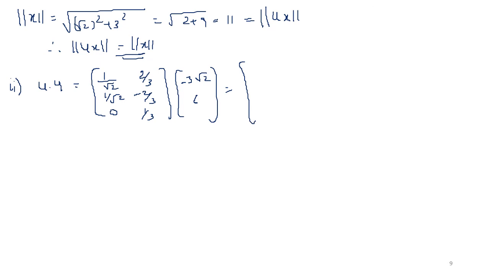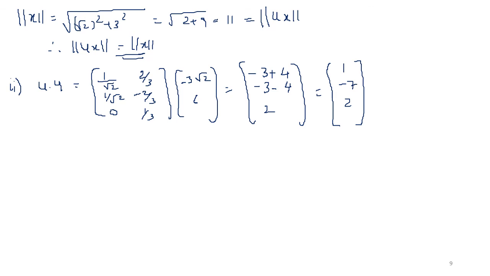So we'll multiply this. 1 by square root of 2 into minus 3 by 2, we are going to get minus 3. 2 by 3 into 6, we are going to get 4. 1 by 2 into minus 3 by root 2, we are going to get minus 3. Minus 2 by 3 into 6, we are going to get minus 4. 0 into this will be 0. 1 by 3 into 6, we are going to get 2. So ultimately we get U into y as 1, minus 7 and 2.